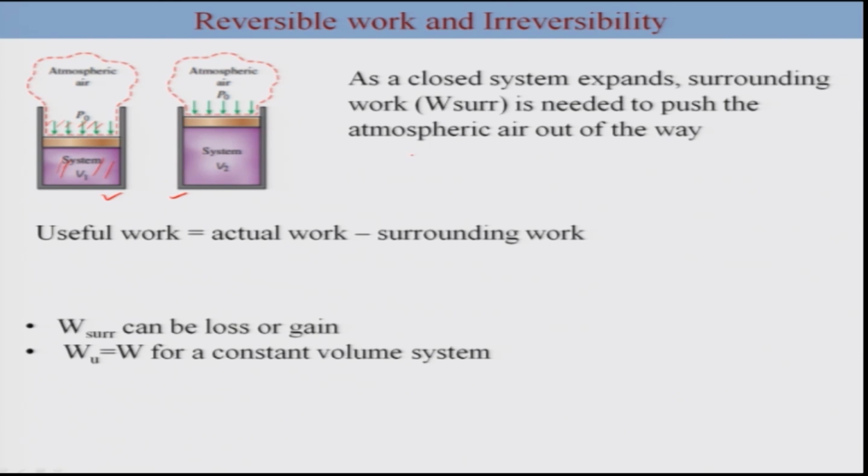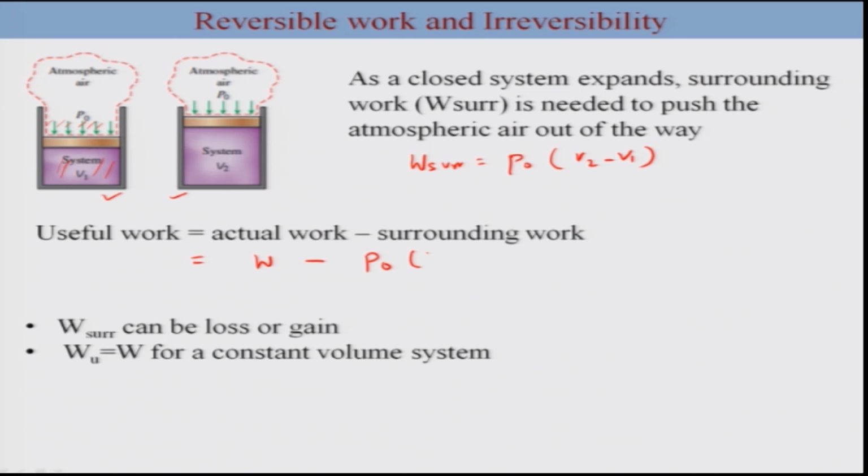So, this work against the surrounding can be written as the atmospheric pressure multiplied by the change in the volume of the system. Thus, the useful work would be the actual work minus the work which the system has to do on the surrounding in order to change the system volume.